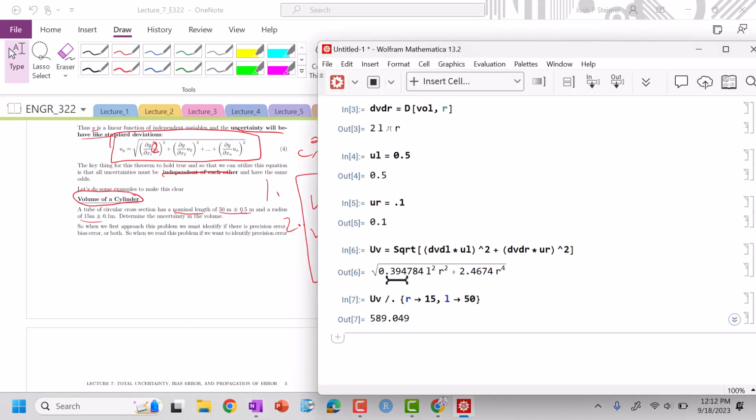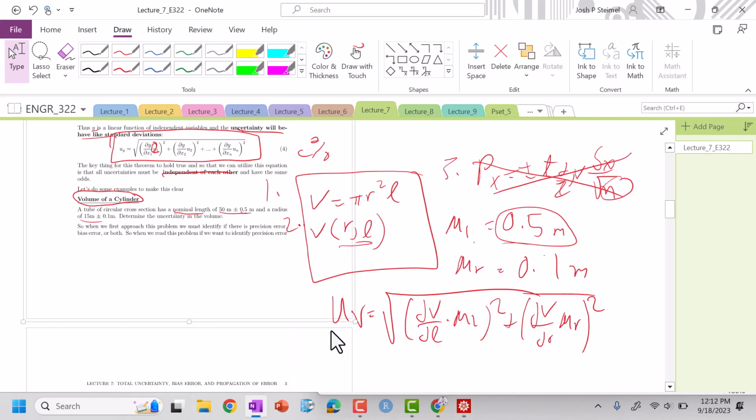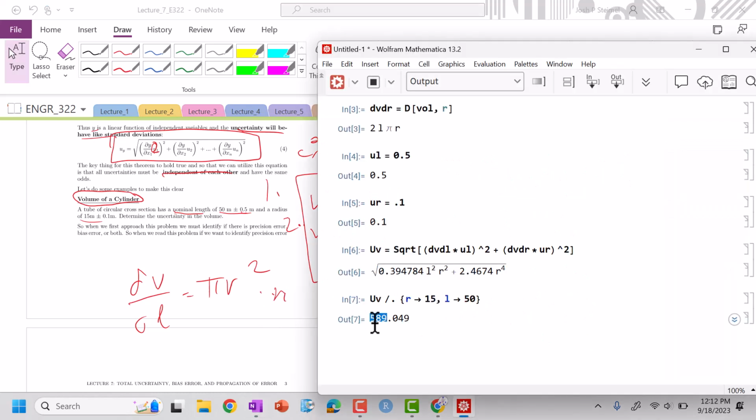Actually, we can look at it a little bit easier here. dv dl is equal to pi r squared. So that's r squared times another value here, where this is a unit in what? Meters. So meters cubed. So this is my uncertainty in meters cubed here.